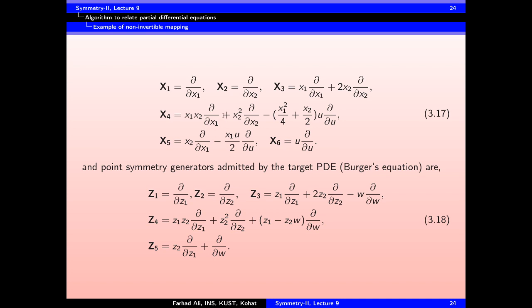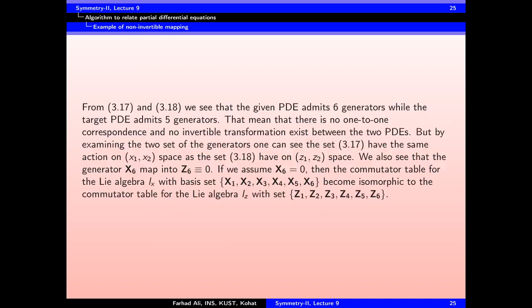So that means the group action in the independent space is the same for both equations, whether it is the heat equation or the Burgers equation. But the group action in the dependent space is different for both. And we will take that as a basis for our mapping.